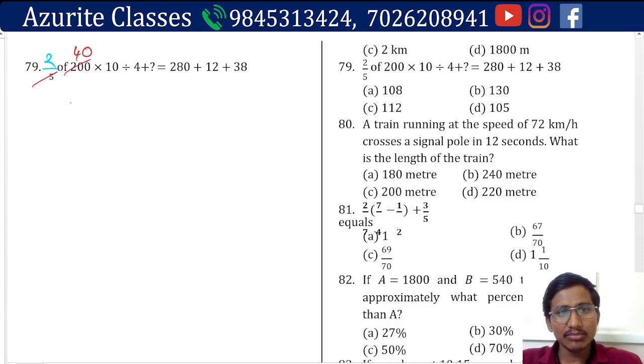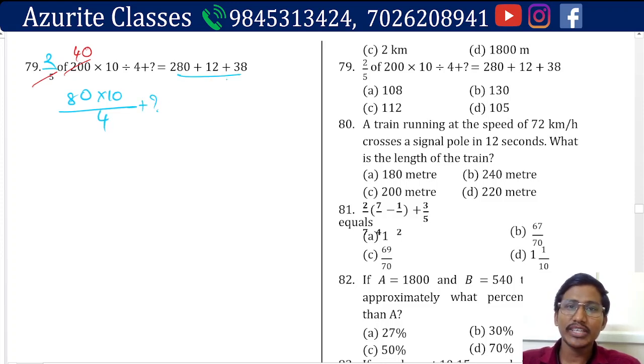That is 80 that will come as the answer here, into 10 divided by 4, so I will write it as divided by 4 plus how much we don't know here. If you do it, what answer will come? That is 50, and 50 plus 280 will be 330, right? Yes.